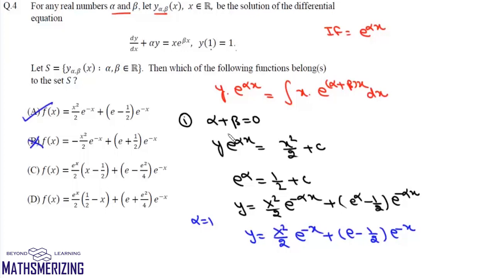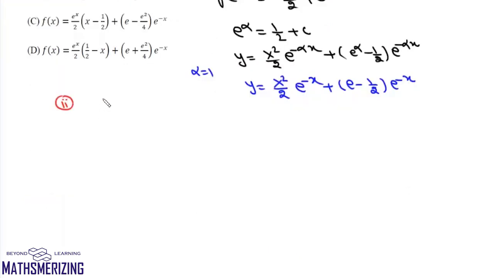Now we take the second case when alpha plus beta is unequal to 0. Now we can write this as y into e to the power alpha x equals the integral of x into e to the power (alpha plus beta) x dx. Now we have to solve it using integration by parts.